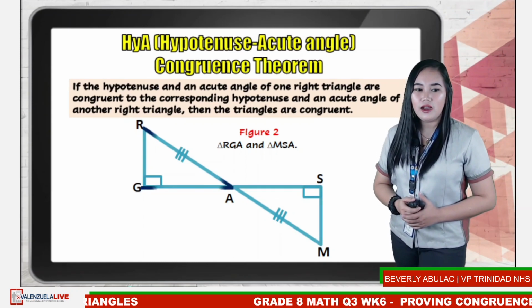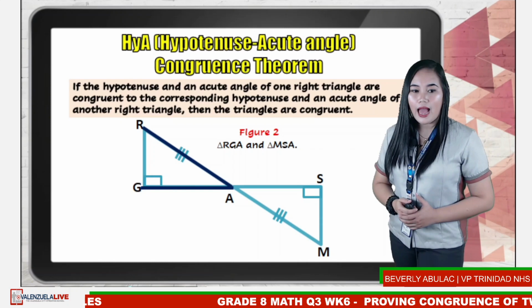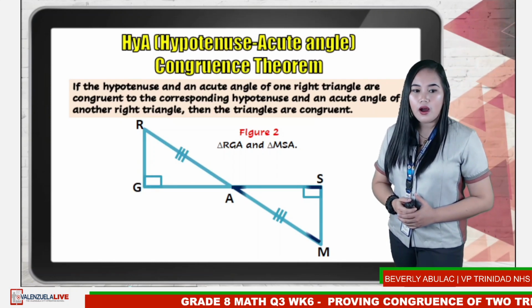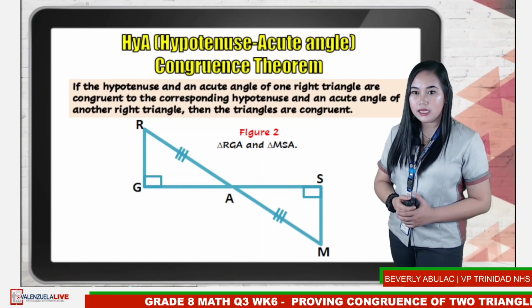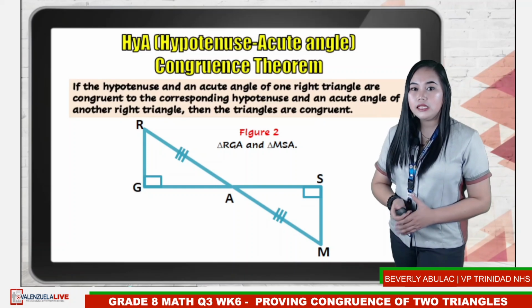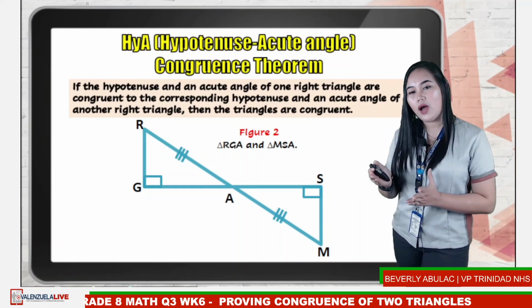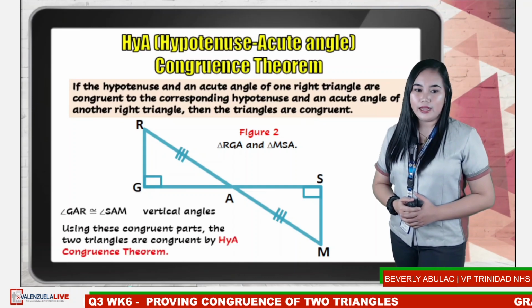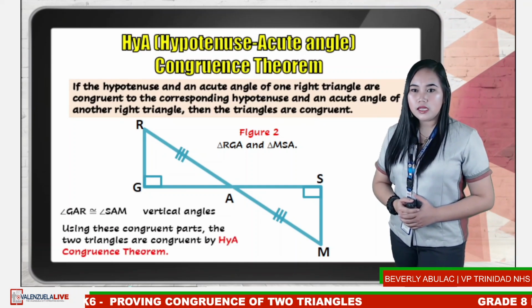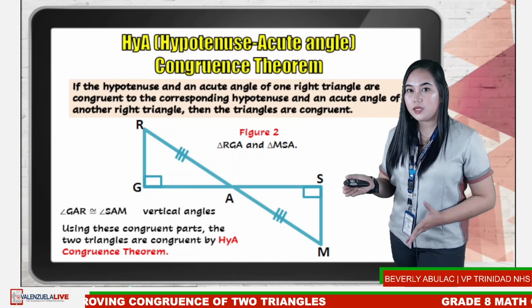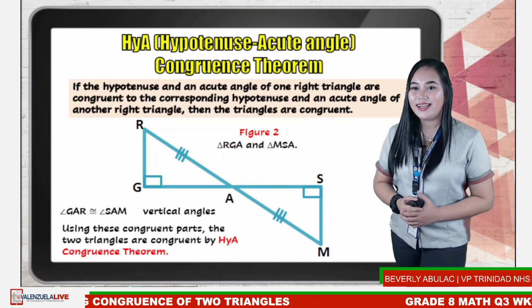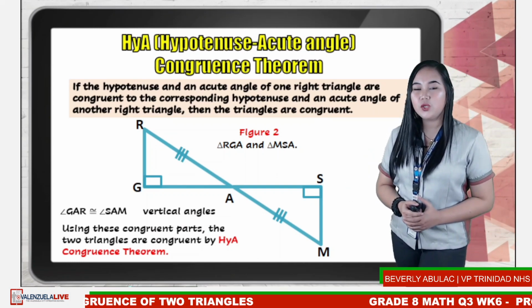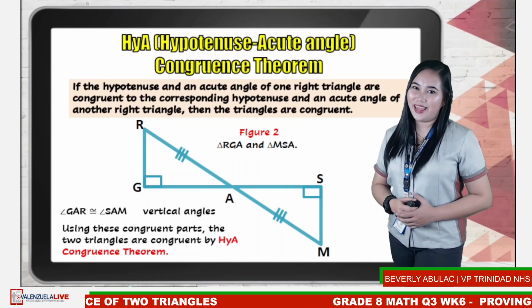Then angle GAR and angle SAM are acute angles, and angle GAR is congruent to angle SAM because they are vertical angles. So using these congruent parts, the 2 right triangles are congruent by HYA congruence theorem.